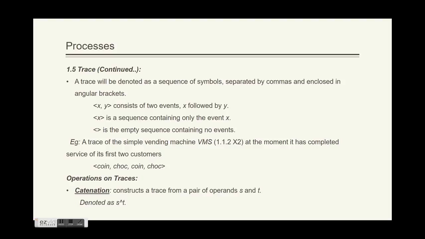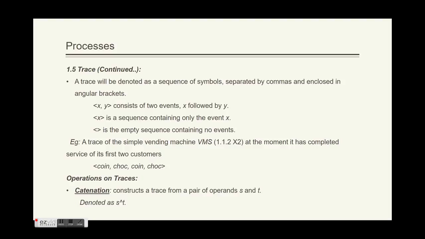This is shown below. Here we have <x, y> in angular brackets, consisting of two events, x followed by y. So the two events are the trace here. And next we have <x>, a sequence containing only event x, and the trace can also be an empty sequence of no events.